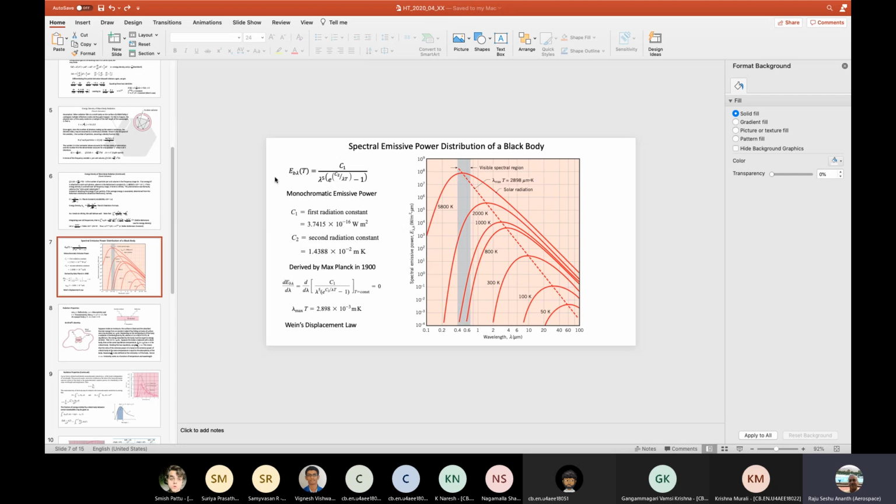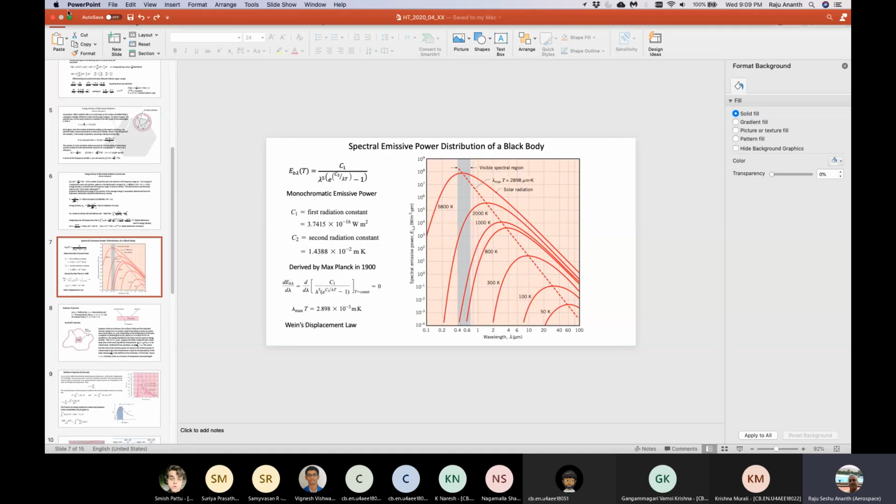This is given by that equation that we saw. So there are two constants, C1 and C2, based on the Boltzmann constant and the Planck's constant, h and k. So you can relate that back, and then you can take when it gets maximum, and you can also prove this is nothing but the Wien's displacement law. So we will do that next class, next Monday.